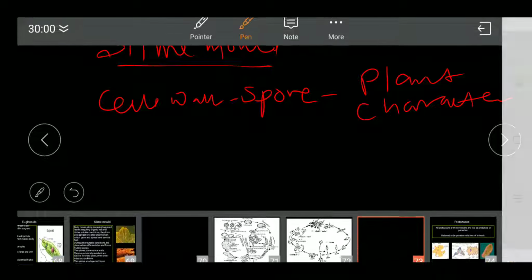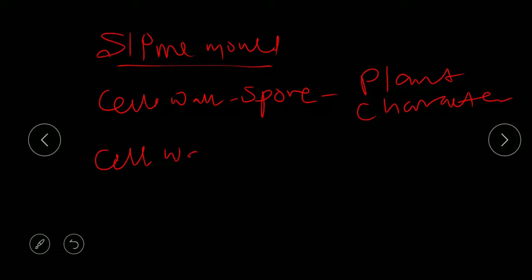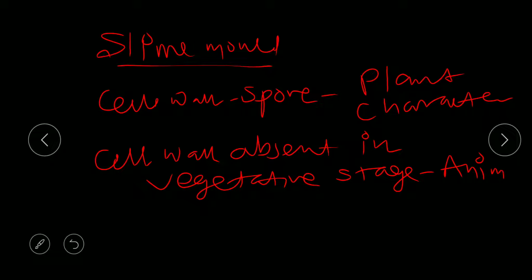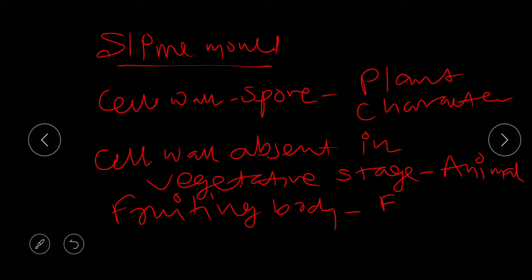Now, cell wall absent in the vegetative stage means this is an animal character. But when we talk specifically about fruiting body formation, it is a fungal character.